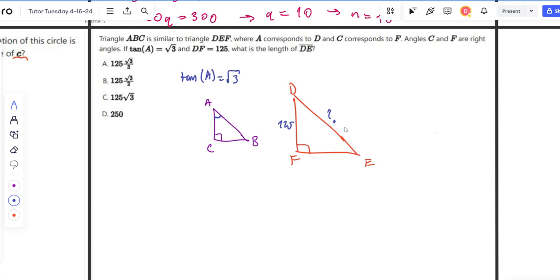I think there's an easy way to solve this if you know your unit circle really well. So it says A is 30 degrees. Let's see if that's accurate. I believe it is.